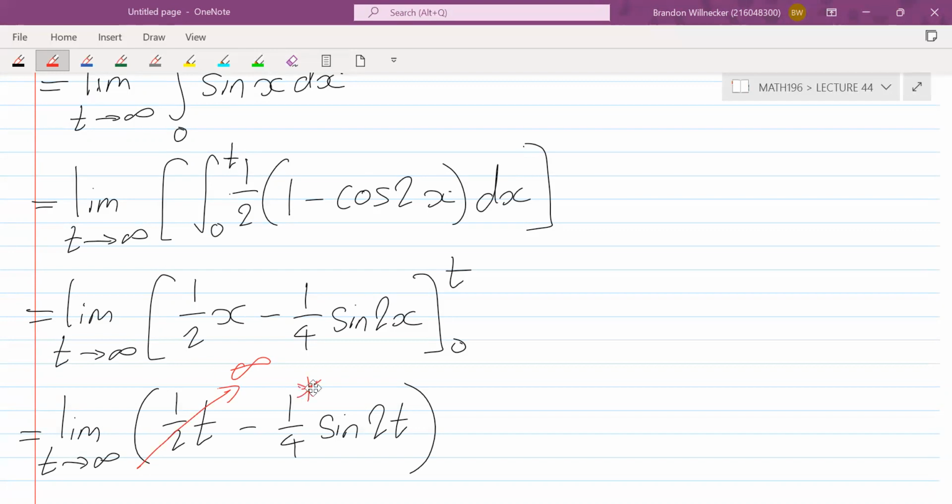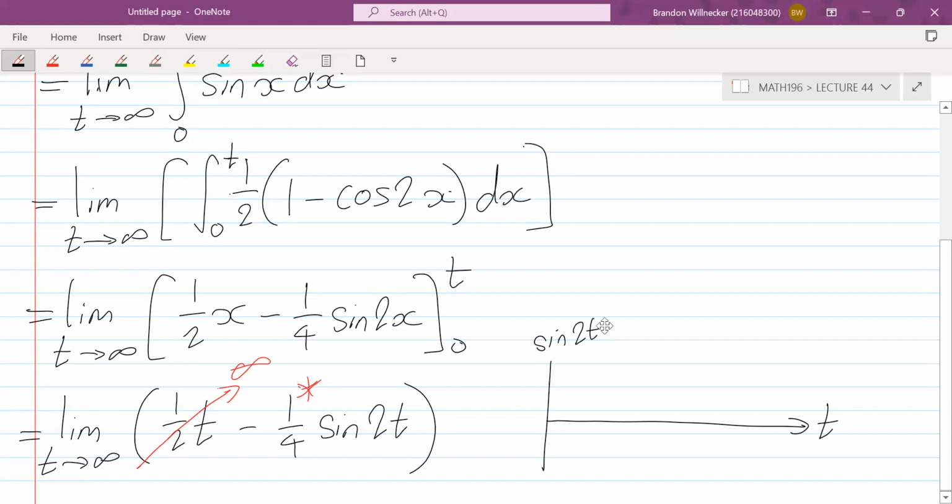What happens when t goes to infinity with a trig function that just oscillates? If we look at sine 2t, and this works for any trig function, sine 2t, cos of t, anything like that, it's just going to oscillate back and forth between -1 and 1.